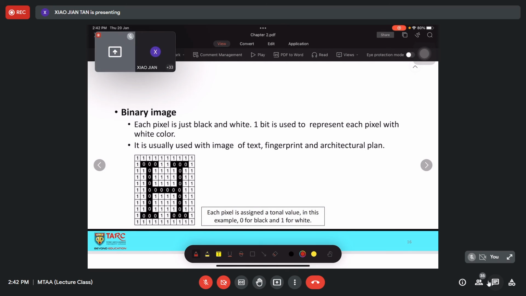For example, your segmentation image. After you segment something, usually it is in black and white. Depending on your application, some people want to take the white color as the foreground and black color as the background, or vice versa.